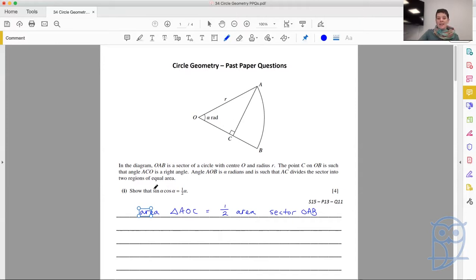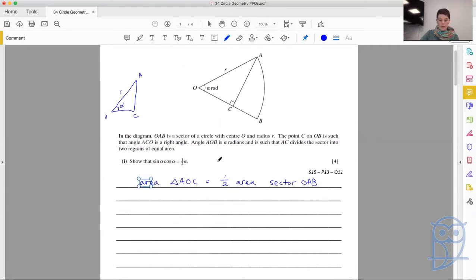Well, a clue there, we have sines and cosines going on and we have a hypotenuse. So if we just take our little triangle out, here's our alpha, here's our R, OAC. Our base is OC and our height is AC, and we would need both of those in order to do the area of our triangle. Let's start with our base. We know that OC is adjacent to alpha.